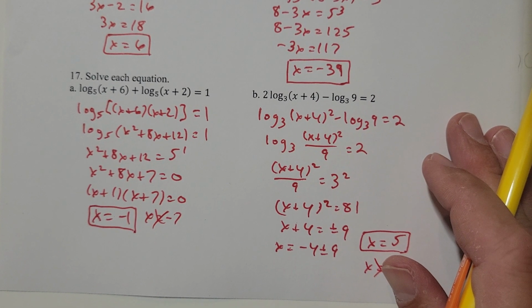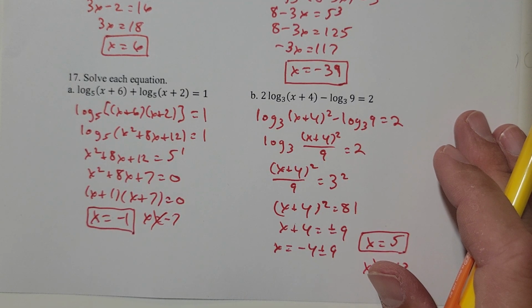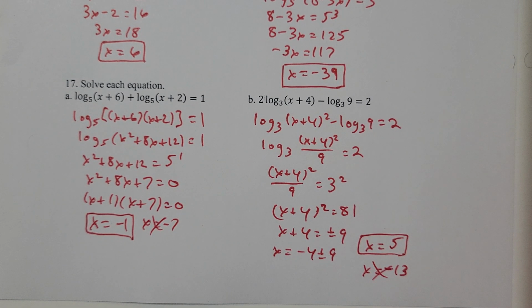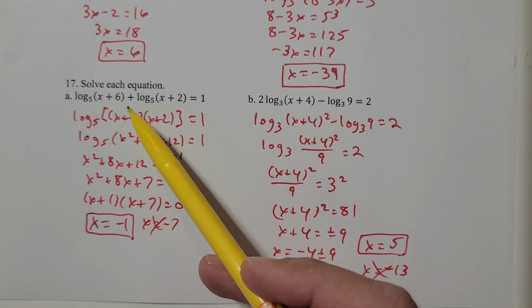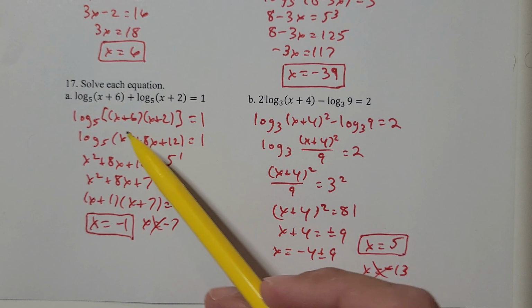Let's try problem 17 next. So in problem 17, I want to solve the equation log base 5 of x plus 6 plus log base 5 of x plus 2 equals 1. If I'm adding two logarithms together, I can get a single logarithm by multiplying the inner terms. I'm going to start by doing that.